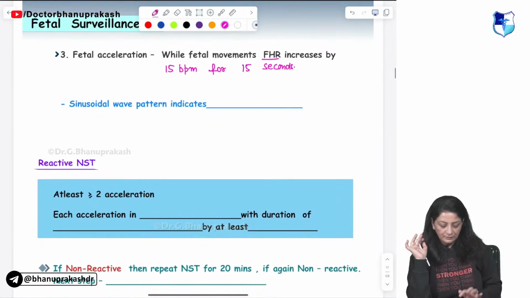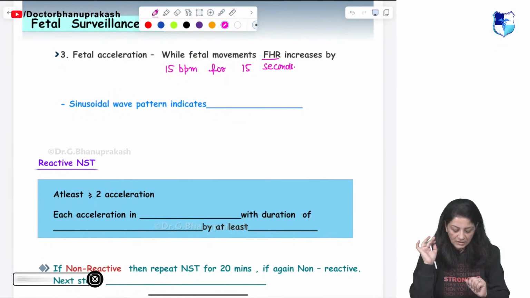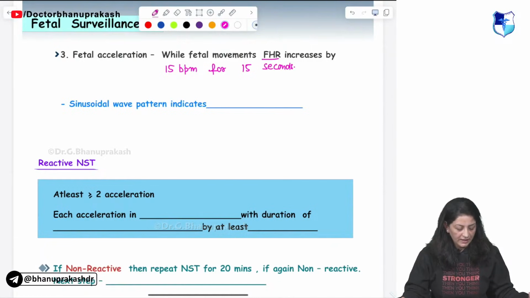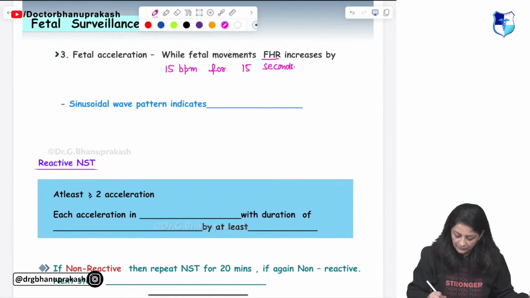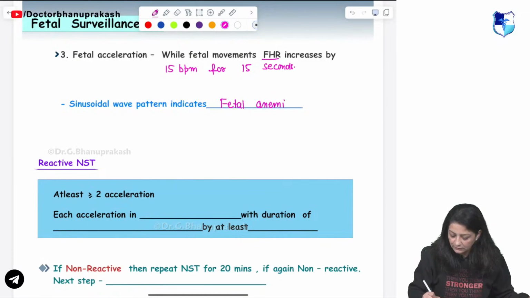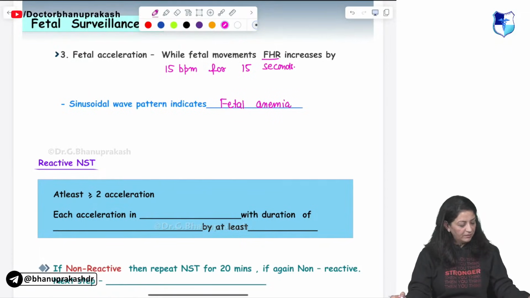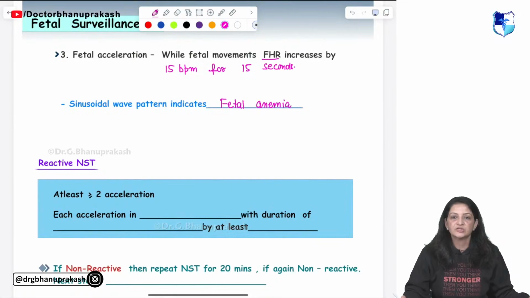Now, what is the meaning of sinusoidal wave pattern? This pattern indicates fetal anemia. So fetal anemia is seen in which condition?